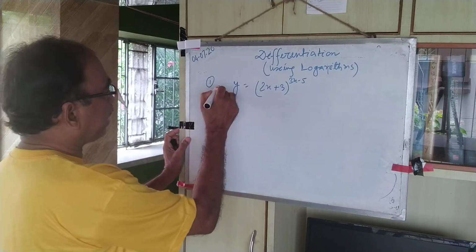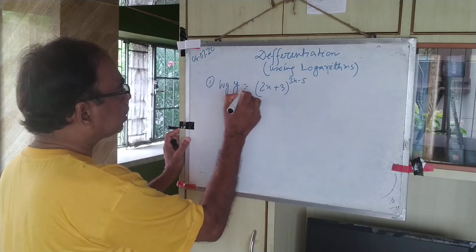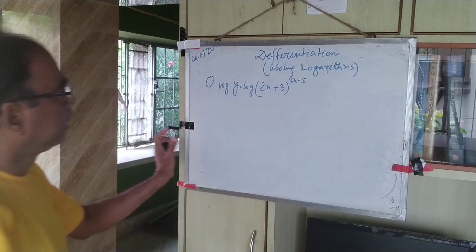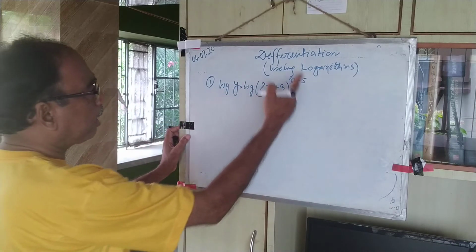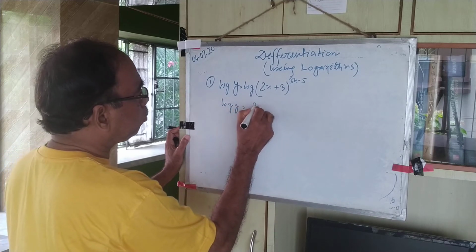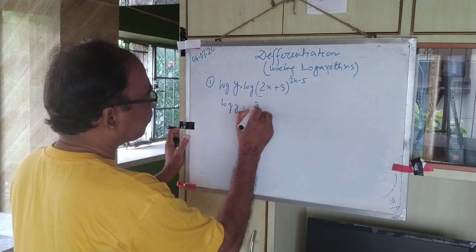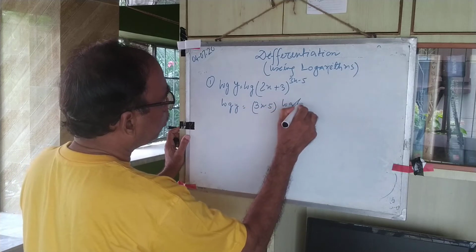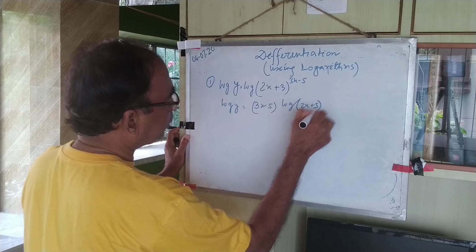Taking log on both sides, that is log of this equals log of this. Then the power will come first, that is log y equals (3x minus 5) log of (2x plus 3).